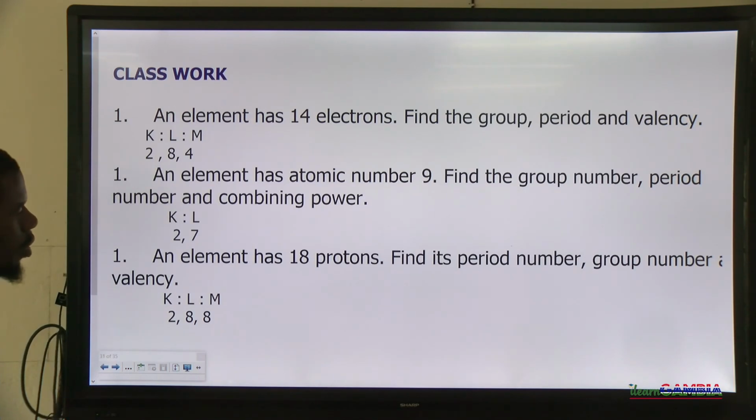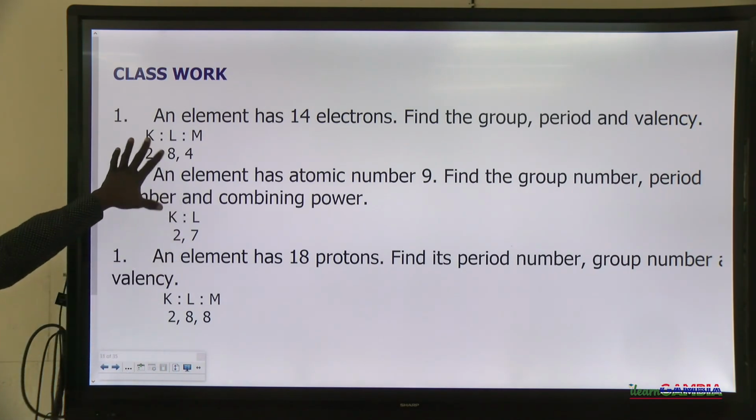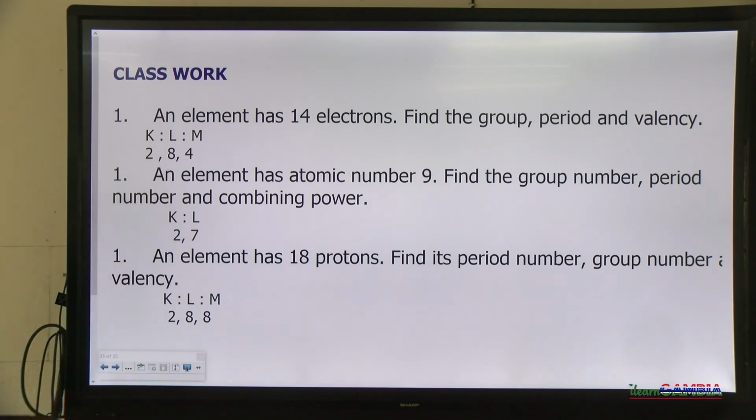Find the group number, period number, and the combining power of the element. So here we have the electronic structures or configuration of the elements. And then the final question is, an element has 18 protons. Find its period number, group number, and valency.